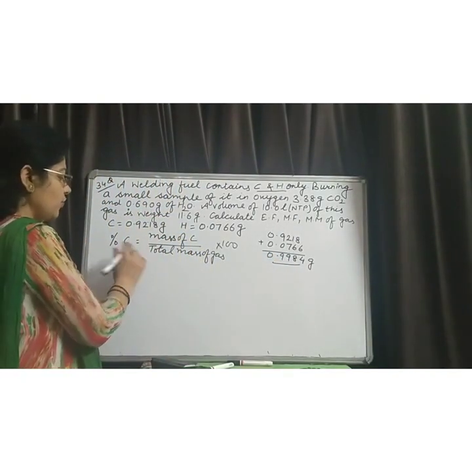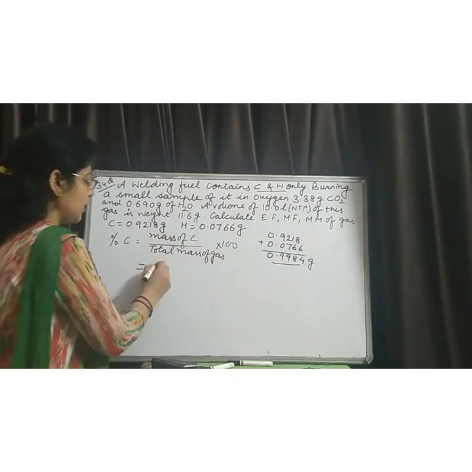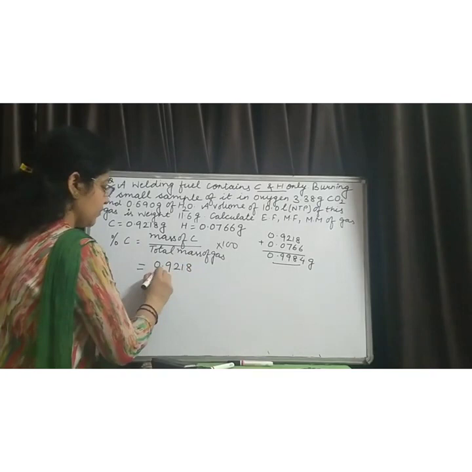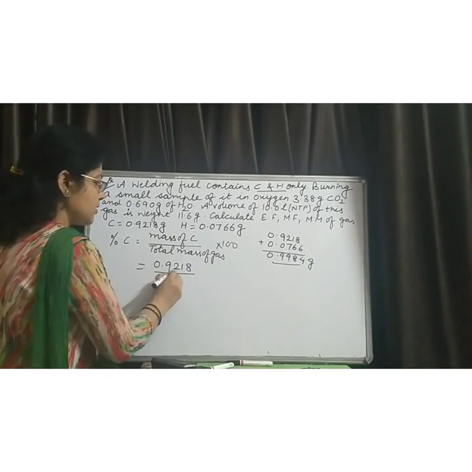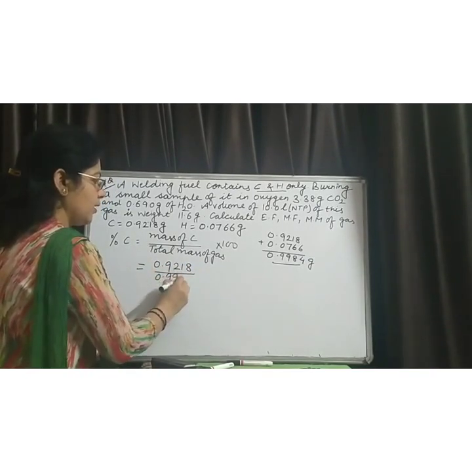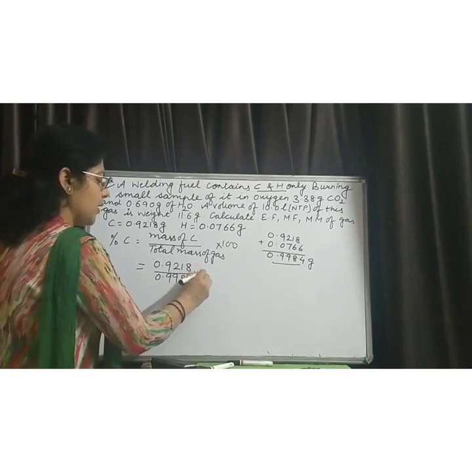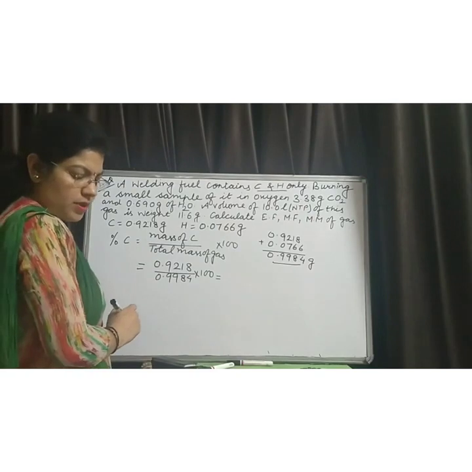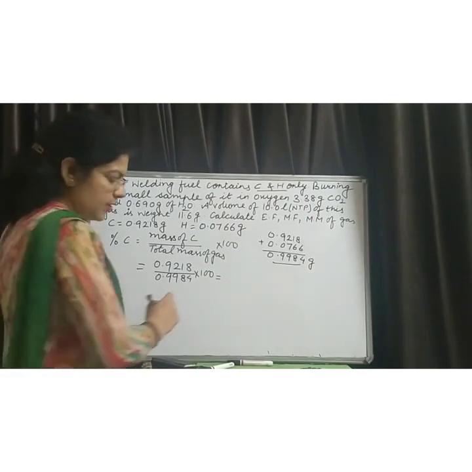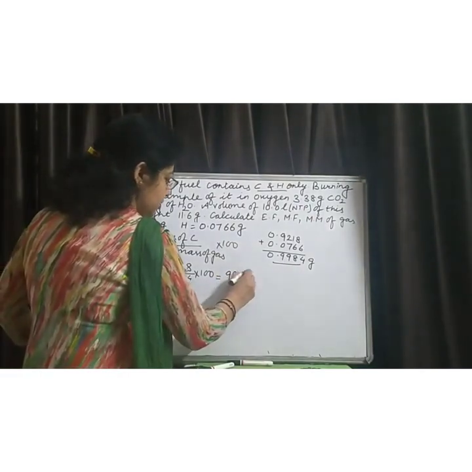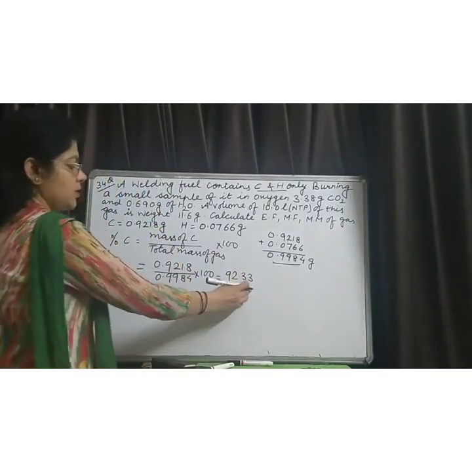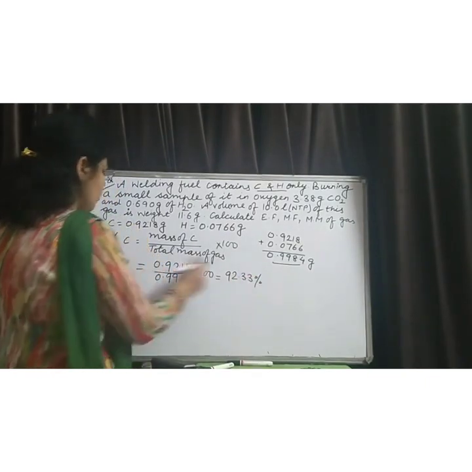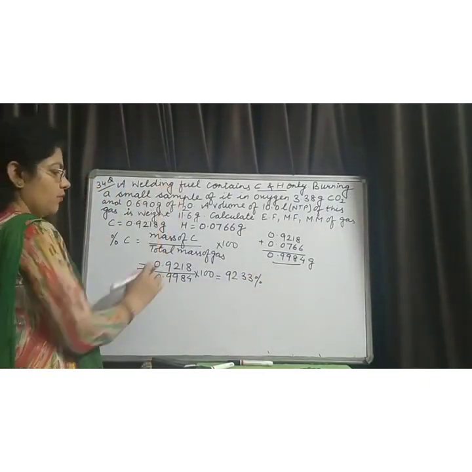So percentage of carbon is equal to mass of carbon, that is 0.9218, upon total mass, that is 0.9984, multiplied by 100. It comes out to be the percentage of carbon, that is 92.33. This is the percentage of carbon in this fuel.